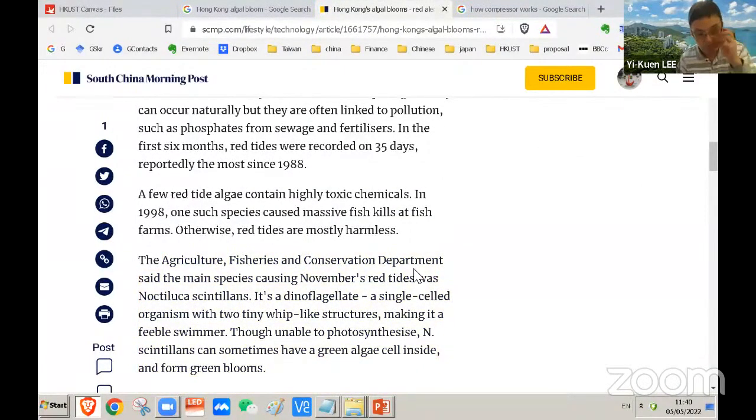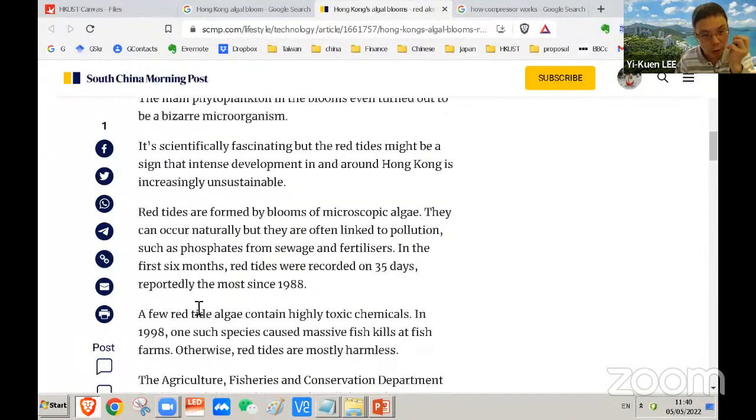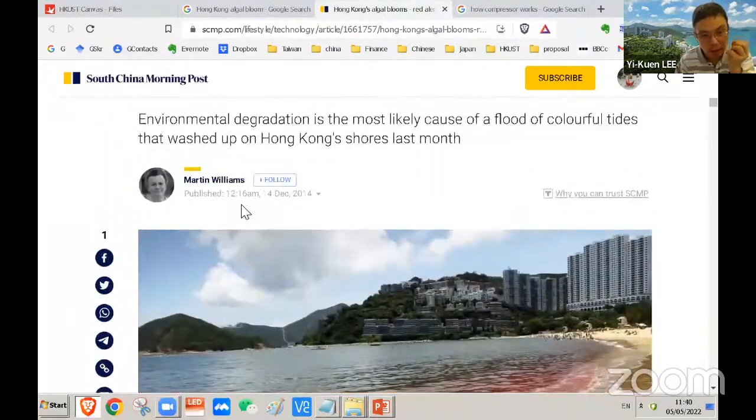My research group works with AFCD to make a low cost smartphone microscope with AI, to quickly identify very small algae or microorganisms that can create big trouble for Hong Kong seawater.